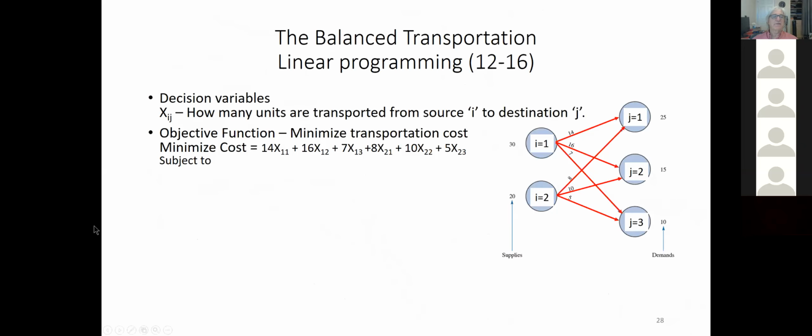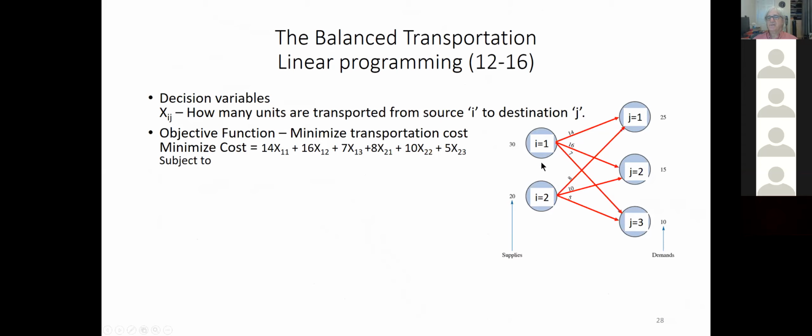Now, the variables are called x sub ij. I stands for the sources, so this set of constraints are the sources or supply points. And these are called destinations or demand points.